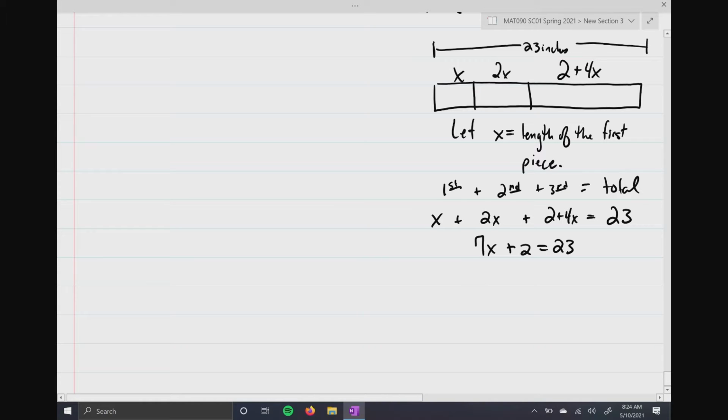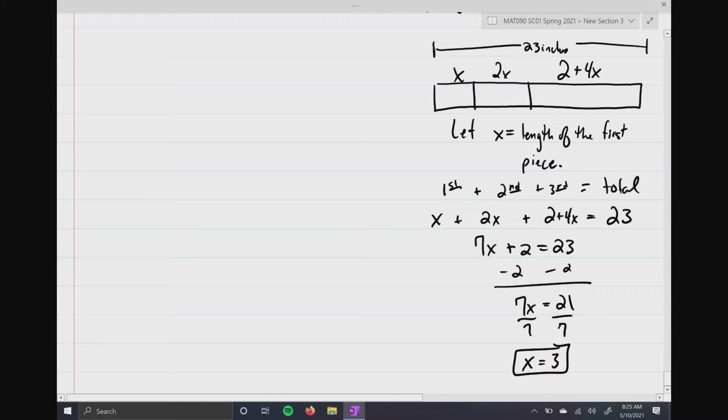Now, I will get the variable terms on one side, constant terms on the opposite side. So you get 7x equals 21. Divide both sides by 7. X equals 3.